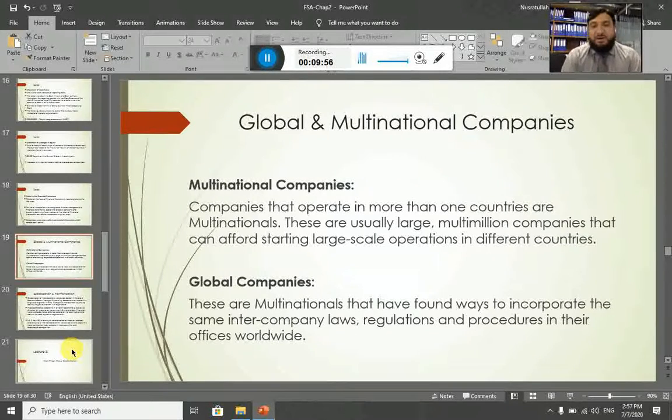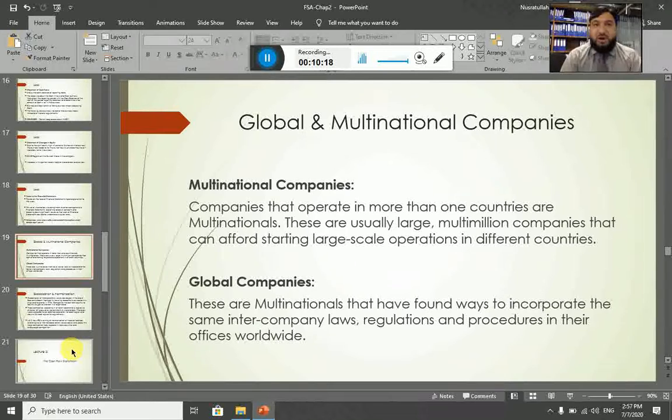So multinational companies are the companies that operate in more than one country. They are usually large multi-million companies that can afford starting large-scale operations in different countries. So the first thing is they operate in many countries. They are multi-million companies.